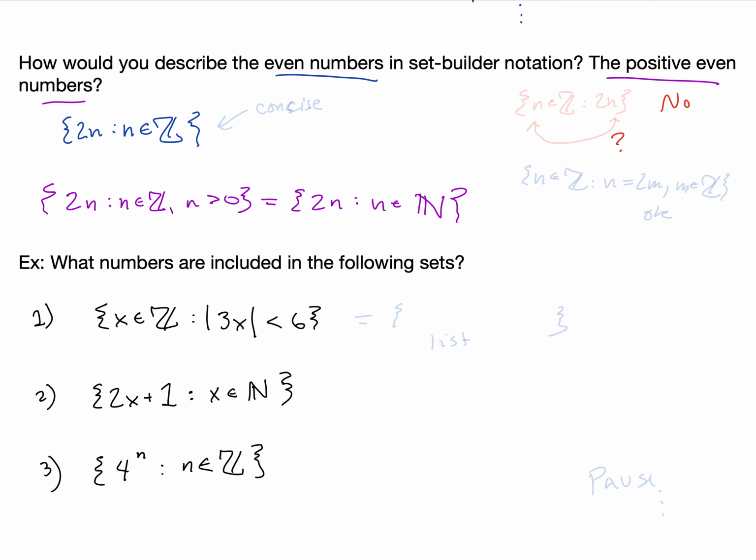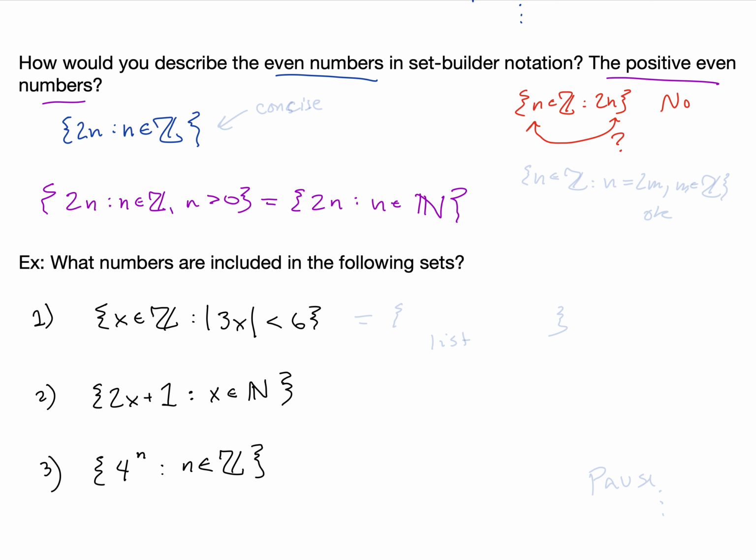I wanted to point out one way of writing this that isn't quite correct. Some people try to write something like n in Z such that 2n for the even integers. The issue here is that we're saying n, an element of the integers, such that 2n. What about 2n? Is n equal to 2n? In that case n would have to be 0.